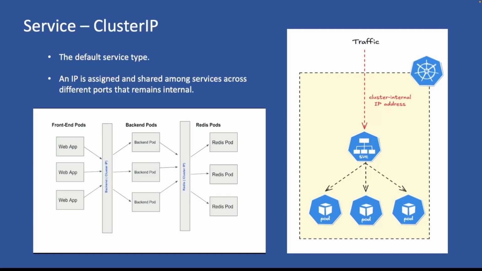Say, for example, for backend pods, we have created a backend ClusterIP service. So all the web apps would be sending requests to the backend service, and the service would take care of the corresponding load distribution among the backend pods. The same goes for the Redis or the database tier as well.